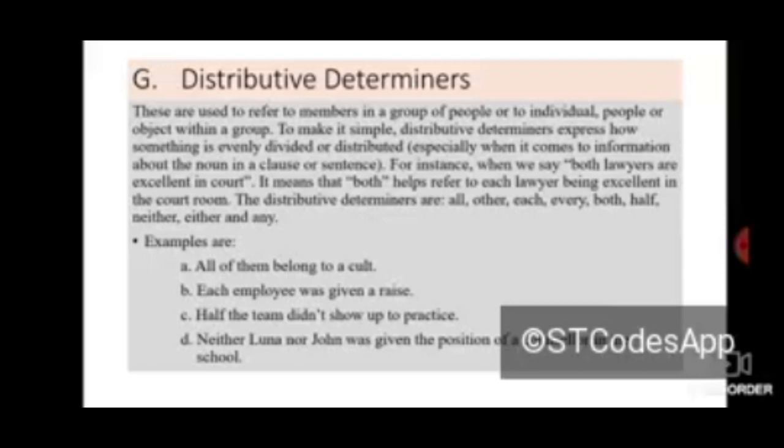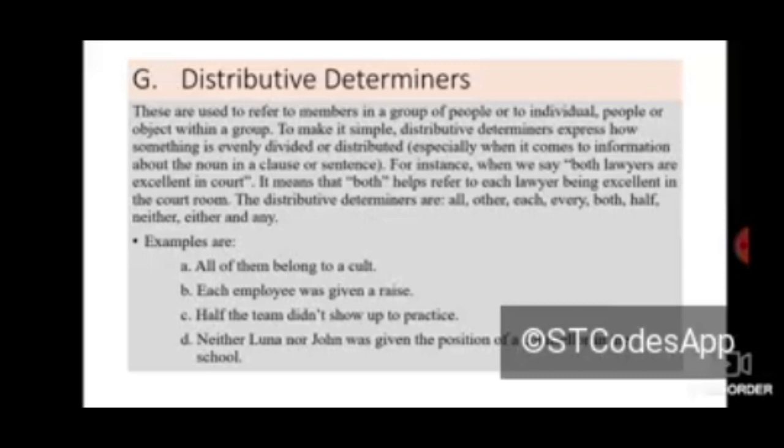Okay, the distributive determinants are all, other, each, every, both, half, neither, either, and any. You can see the examples below. All of them belong to a court. All, there is a certain number, but all has acted as a distributive determinant, talking about each and every one of them.